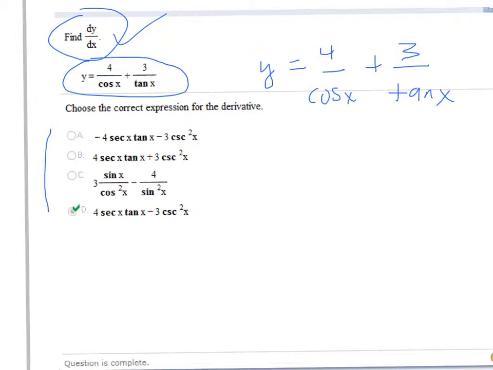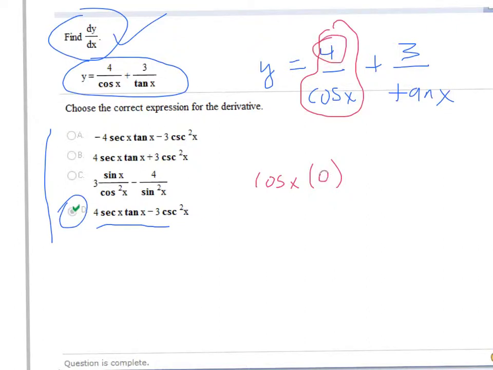Now, it's multiple choice, and obviously I've already input the right answers here, so it's just a matter of how we are going to get to that answer. So let's work through that together. Let's go ahead and use the quotient rule on this part right here. So bottom function times the derivative of the top, but the derivative of 4 is 0, right?